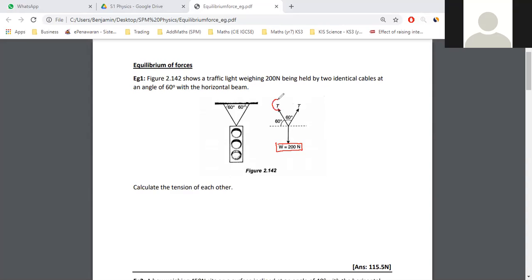我们先 resolve 这个 tension。So 这个 tension resolve 去 horizontal 是 t cos 60.